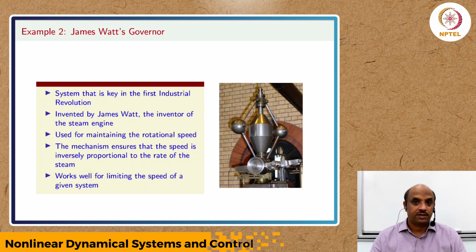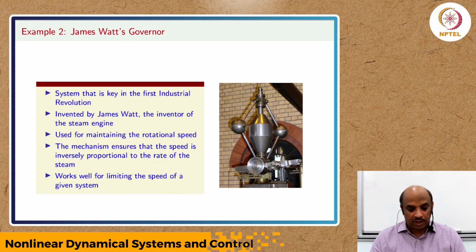James Watt invented the steam engine to transfer the very energy-demanding manual work to the steam engine, and in order to ensure that the steam engine is controlled well, specifically the speed of the engines that run on steam, this particular governor was invented by James Watt. Again, it is an ingenious system.